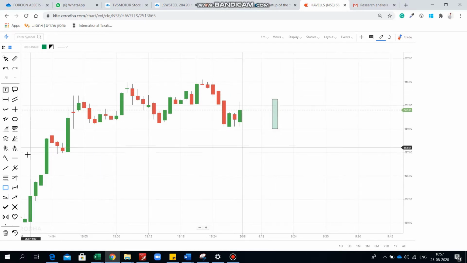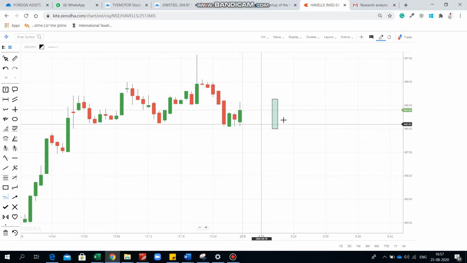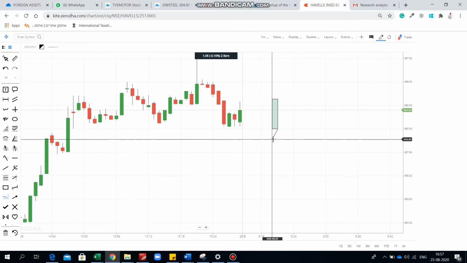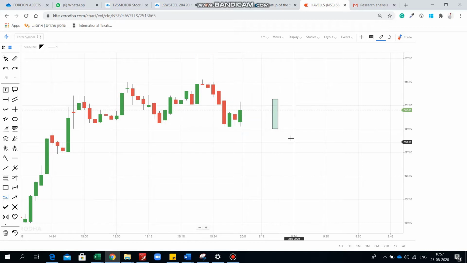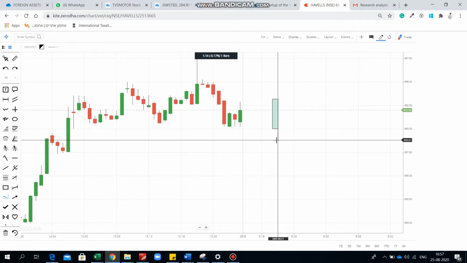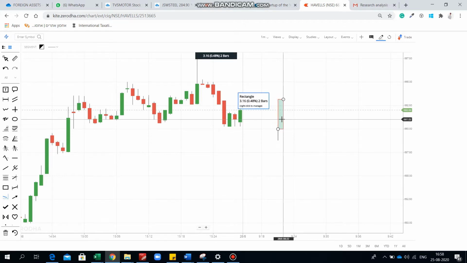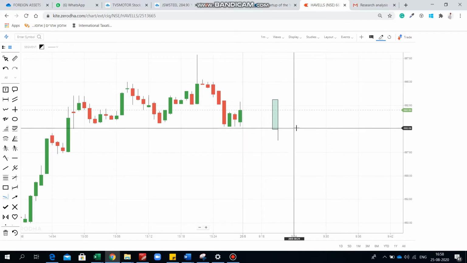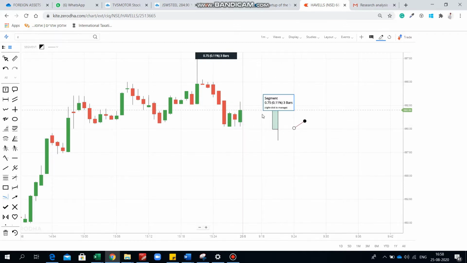So now what happens, it started here and moved from here till here. I am not able to draw this in between, so consider that it has been drawn in between these candlesticks.